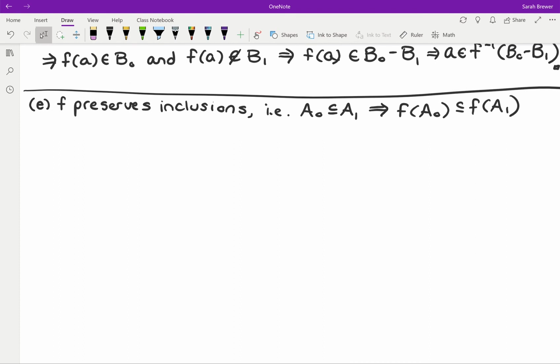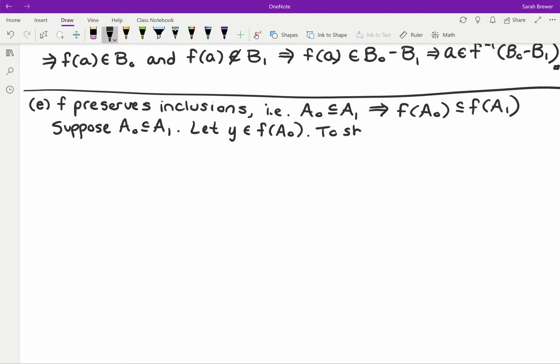And this is pretty straightforward. We suppose the hypothesis that A0 is a subset of A1, and then we're trying to prove the inclusion. So we pick some element y in f of A0, and we want to show that y is an element of f of A1.